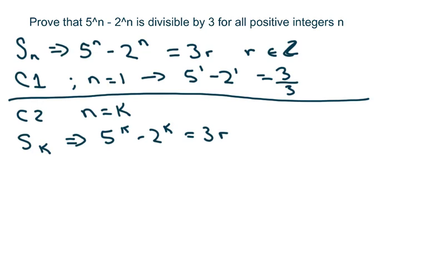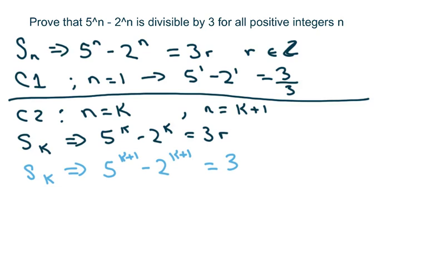And then we're going to show that it also works for condition 2 for n equals k plus 1. So when we show for k plus 1, our statement is going to be 5 to the k plus 1 minus 2 to the k plus 1 equals 3t, and t belonging to any integers.